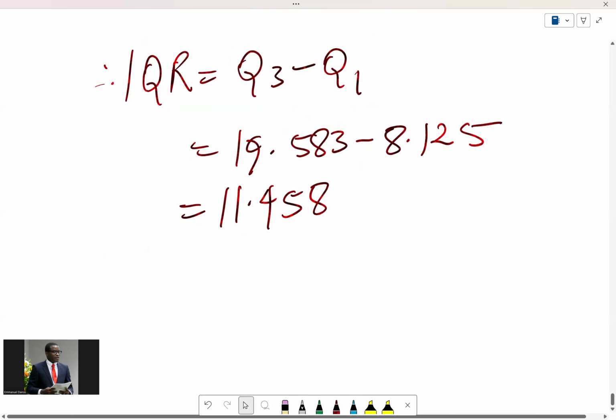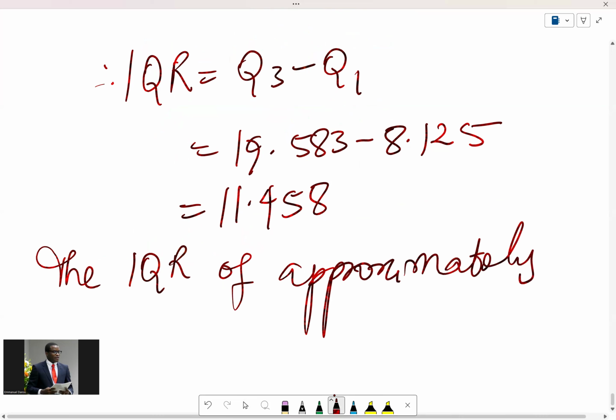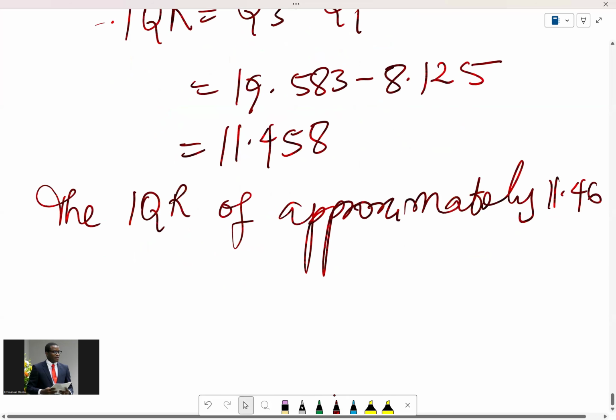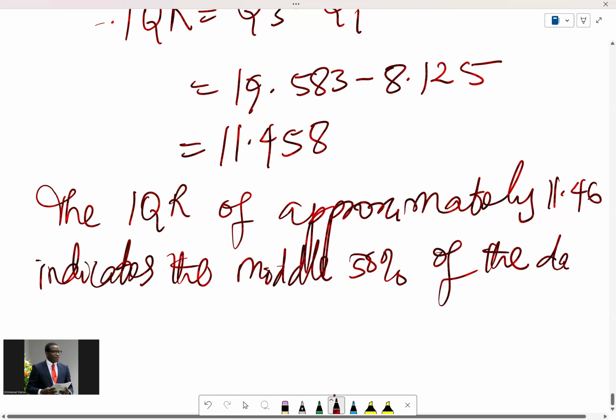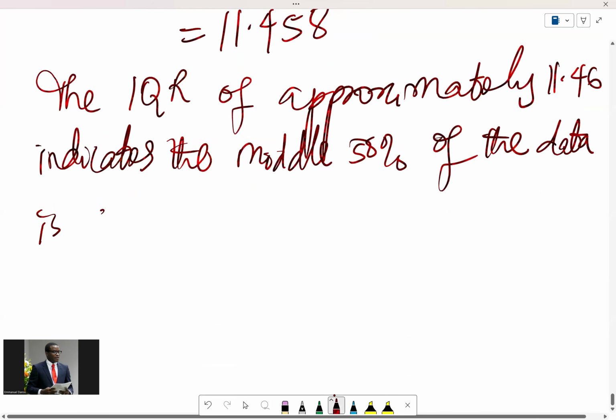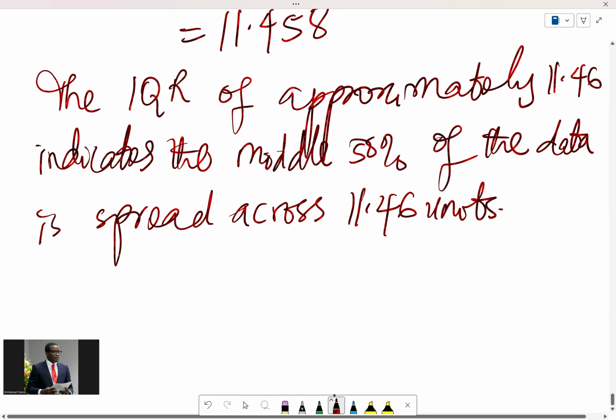So interpretation: the IQR of approximately 11.46 indicates the middle 50% of the data is spread across 11.46 units. And that's how that goes.